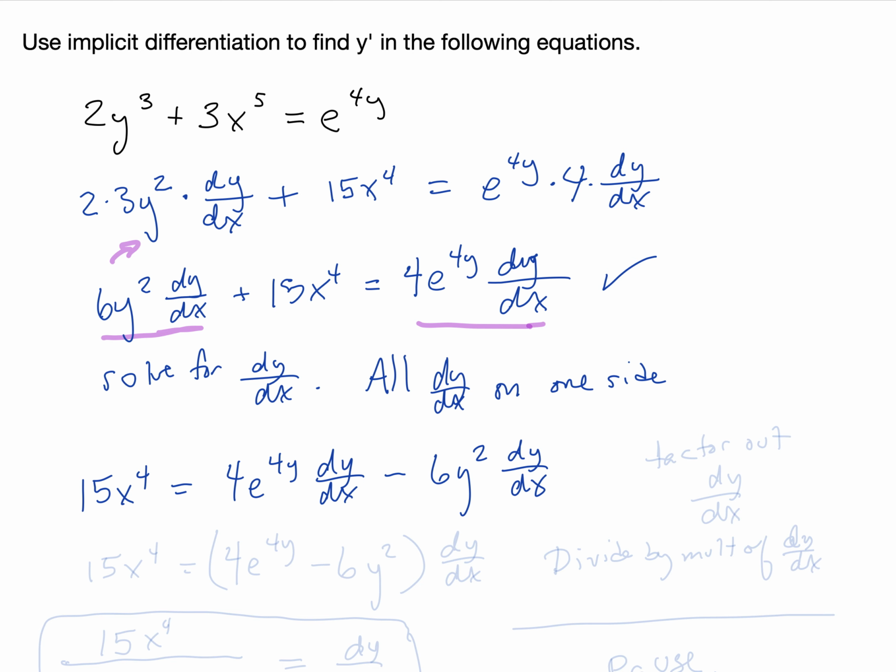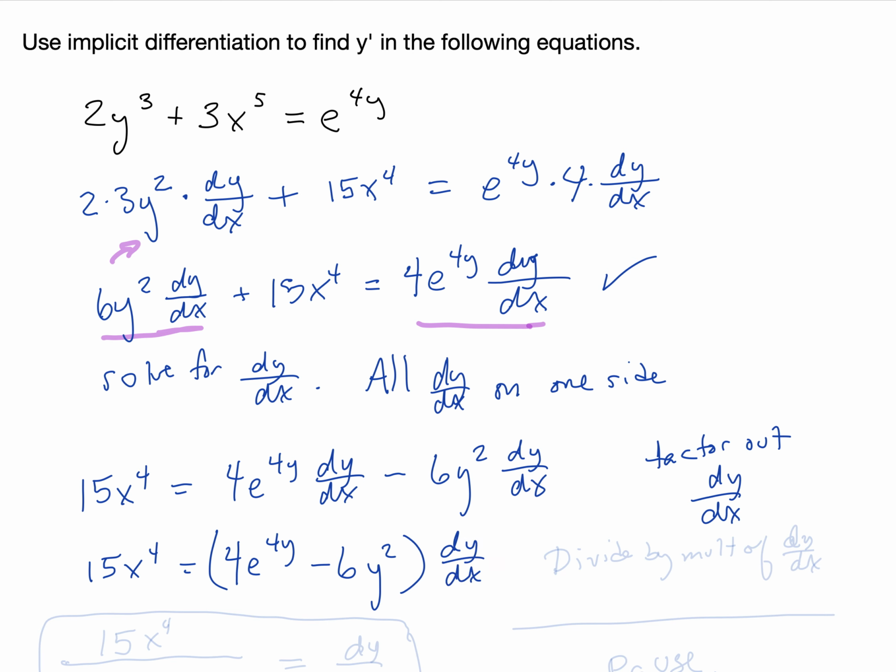And our next step to solve for dy dx could be to factor out dy dx. So we could factor dy dx out of the terms on the right-hand side. We'd have 15x to the fourth equals, so the first dy dx is multiplied by 4e to the 4y. The second is multiplied by negative 6y squared. So that is multiplied by dy dx.